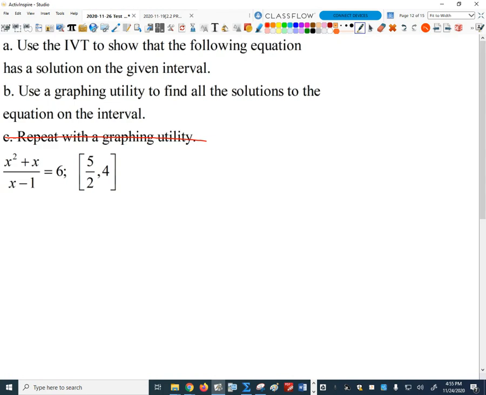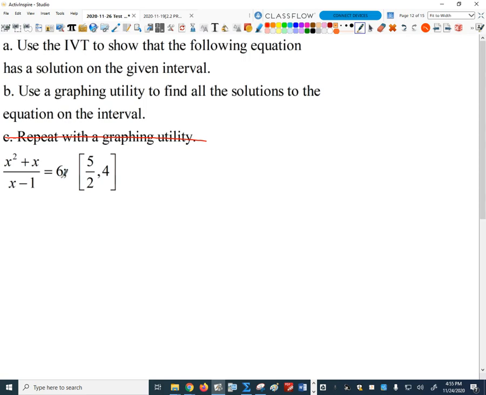Well, a solution would be where the expression on the left is equal to 6, right? So then we just have to show, what are the criteria for the intermediate value theorem?